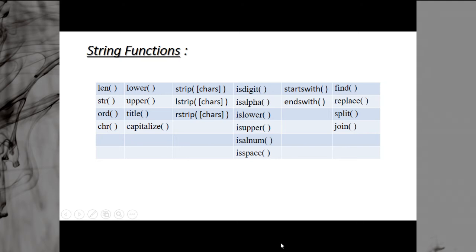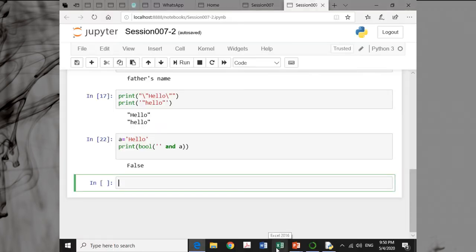The len function you can use to find the length of a sequence, or you can say the number of elements in any iterable sequence. Like, say s is equal to "welcome to my YouTube channel".